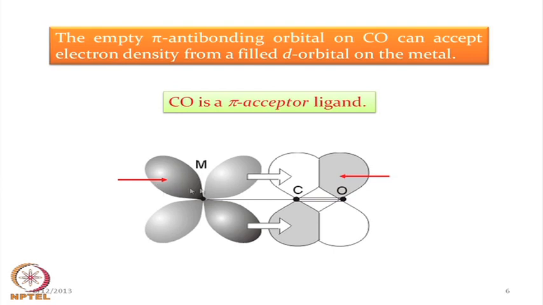So, if we push some electron density from the metal orbitals to this empty vacant pi star orbital of the carbon monoxide, it shows that the carbon monoxide bond order will be decreasing and the carbon monoxide bond length will be increasing, which can very nicely be shown in terms of the corresponding stretching frequency in FTIR. Fourier transform infrared spectroscopy can be utilized to detect that interaction.